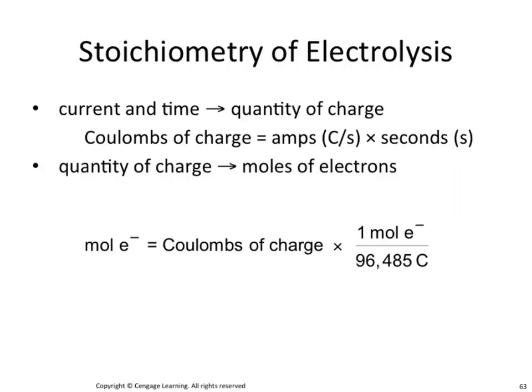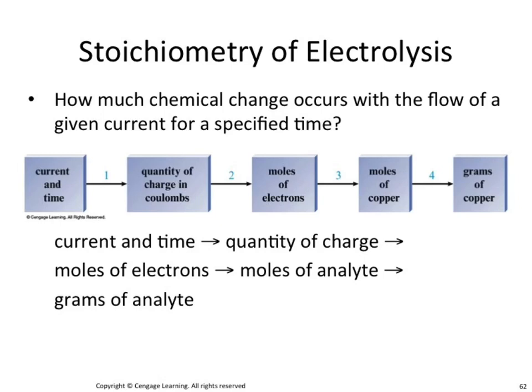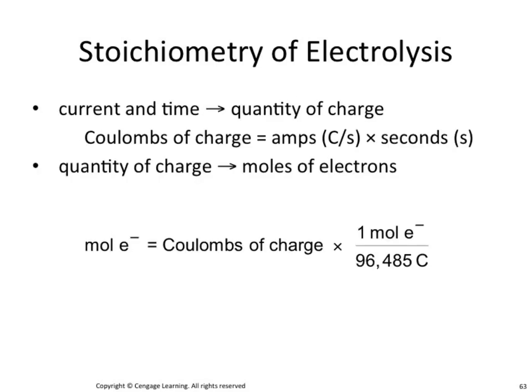So what we can do is be given a current and a time, and we can take that and figure out how many moles of copper might be plated, or gold, or whatever. To do this, we're going to use Faraday's constant to find these answers.